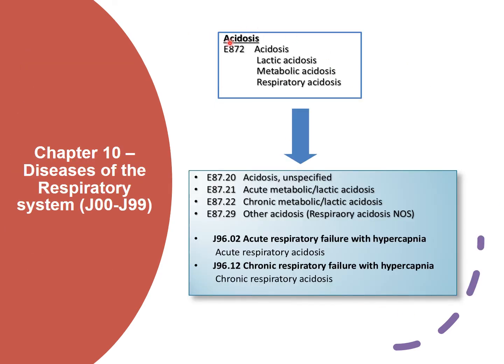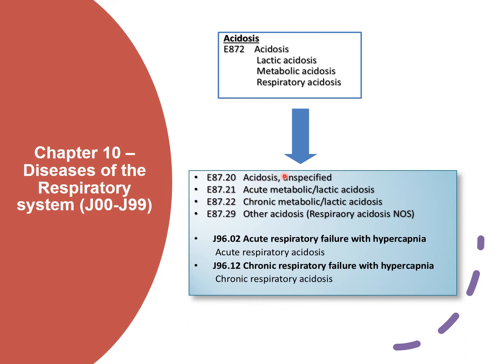Till now, we have reported all these types of acidosis with E87.2. Whereas in 2023, for acute metabolic and lactic acidosis, the code is E87.21. And chronic metabolic and chronic lactic acidosis should be reported with E87.22.